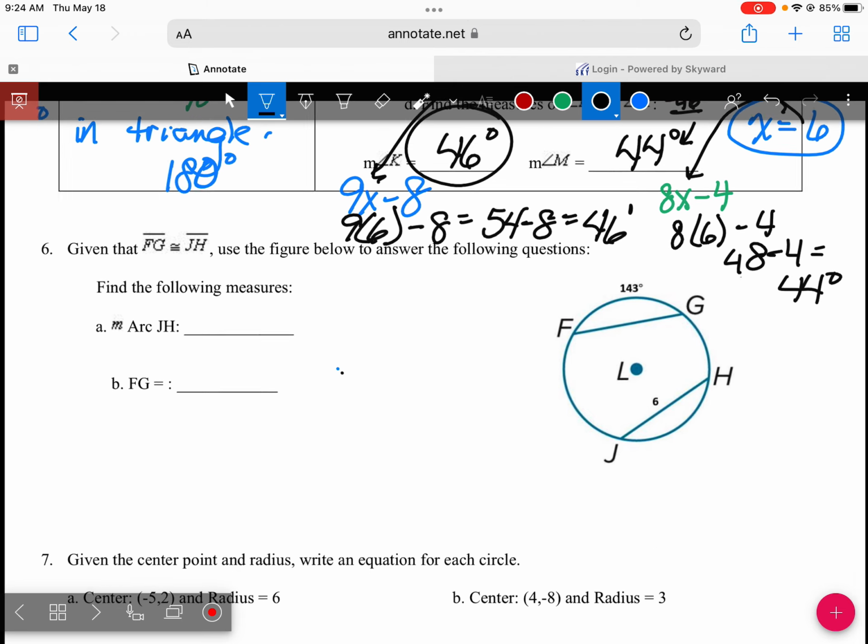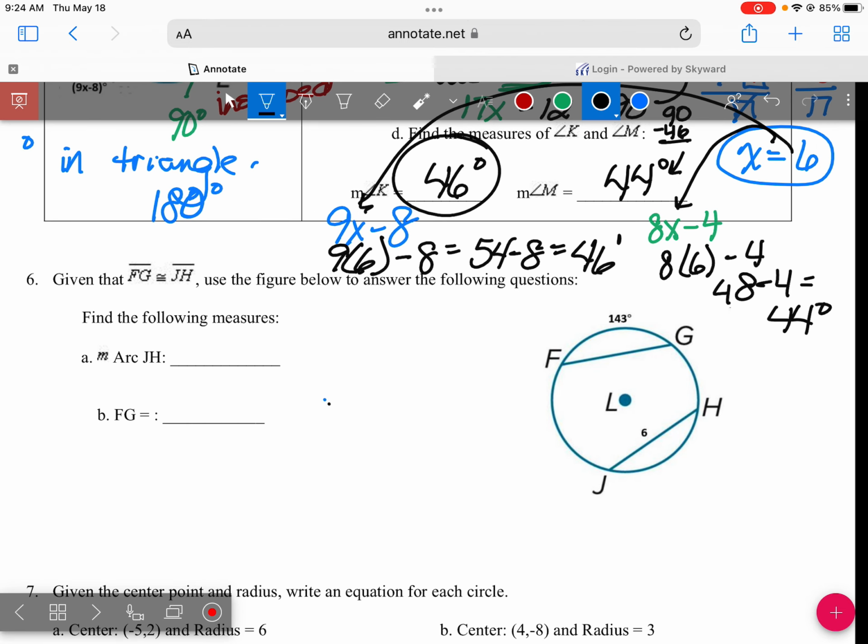Okay, let's do 6. So given that line segment FG is congruent, so line segments are congruent, but their measures are equal.